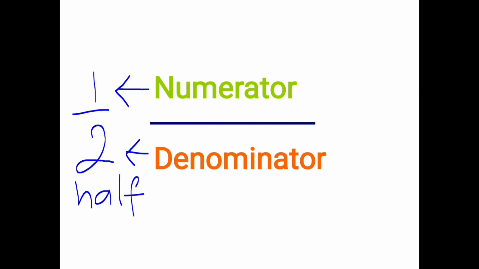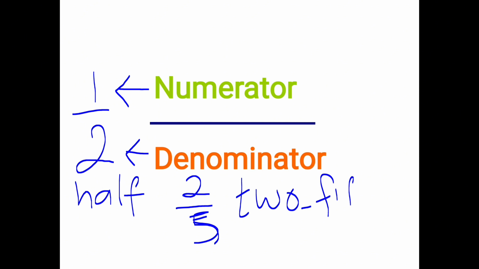Right? Good. Give me another example of a fraction. I can say 2 over 5, right? Very good. 2 is the numerator and 5 is the what? Denominator. Very good. Do you understand? And I can refer to this 2 over 5 as 2/5.